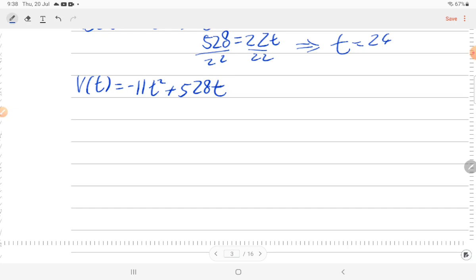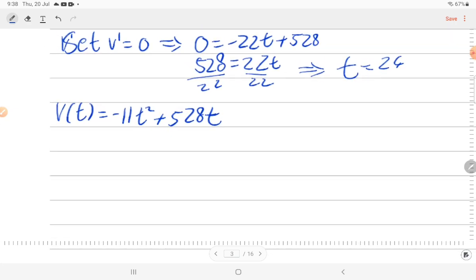We found that t equals 24 gives the maximum, so v of 24 is equal to negative 11 times 24 squared plus 528 times 24. If we plug this into our handy calculator, we'll get 6,336.